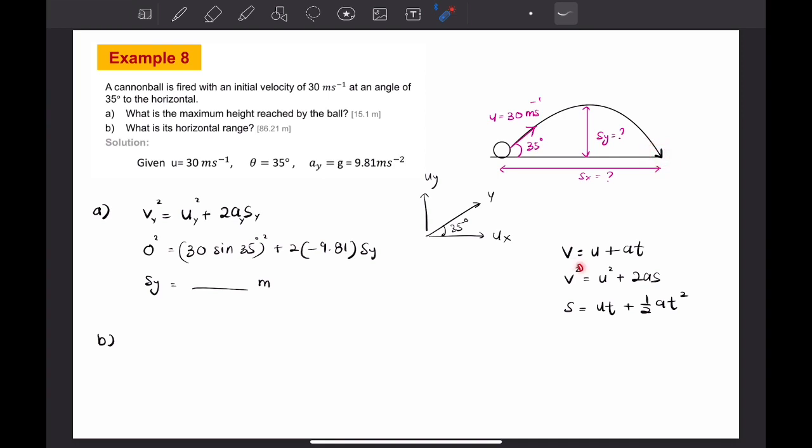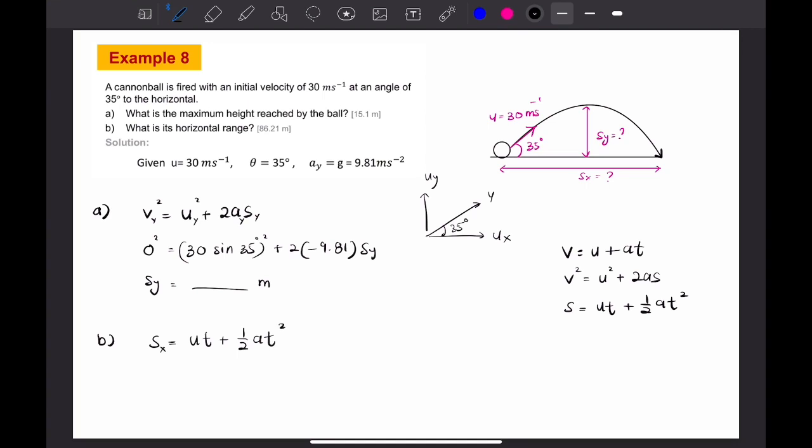The v, the final velocity, is actually not 0, but we don't know what it is. So it is still unknown, and s is unknown as well. So there are two unknowns, so we cannot use it. We are only left with the third equation, which is s is equal to ut plus half at square.